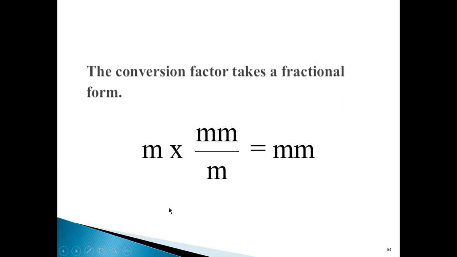So the conversion factor must take the form of a fraction like this, where the meter unit would be down here, and the millimeter unit will be up here, so that the meter units will cancel out, and you'll end up with your millimeter value.